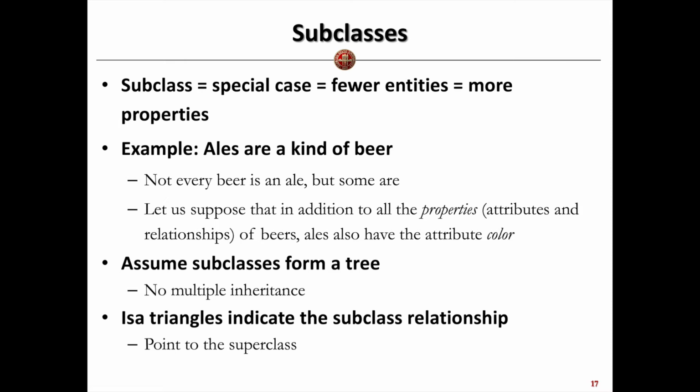According to the previous example, you can see that the subclass generally denotes some special cases of a general entity. Like the education product or the software product, they are special cases of the general product. Compared with the basic or general product, these special cases will have fewer entities in the real world. So for example, there will be much fewer software products compared with the general products, right?